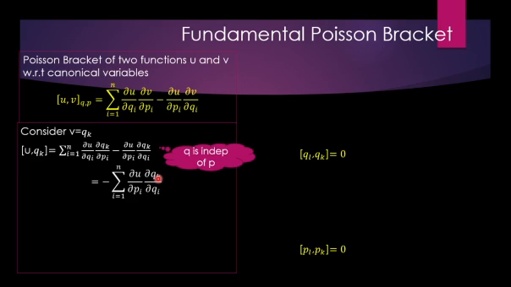Now again you can say that a coordinate is dependent only on itself. It doesn't have any dependence on any other coordinates. So this will have a non-zero value only if qk is differentiated with qk itself. In all other cases it will be 0.